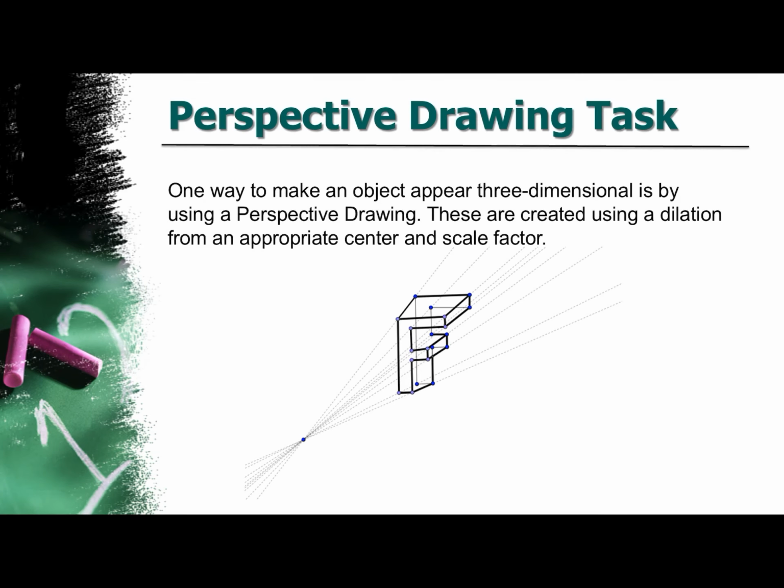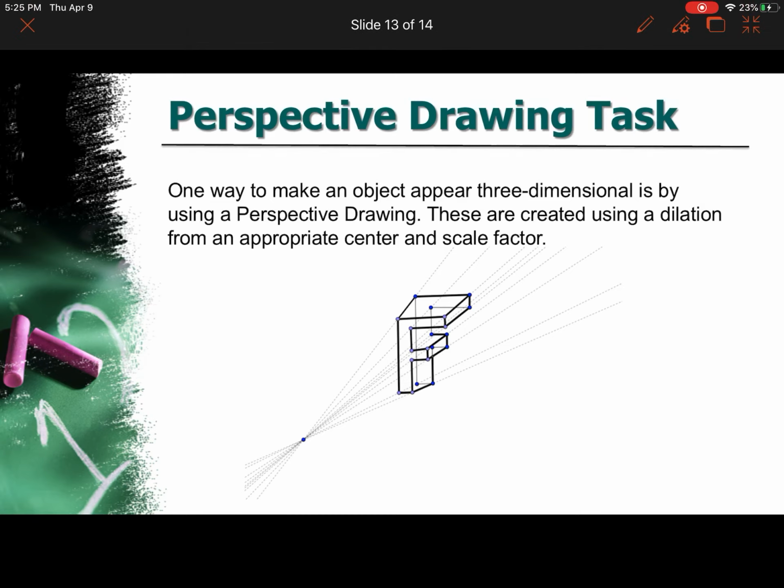Here's another example with the letter F. You can see all those lines to all those little corners. We erase all those lines. I've made them dotted here, but you can just erase those lines and then have this three-dimensional figure. You see that we do have this F in the background here.